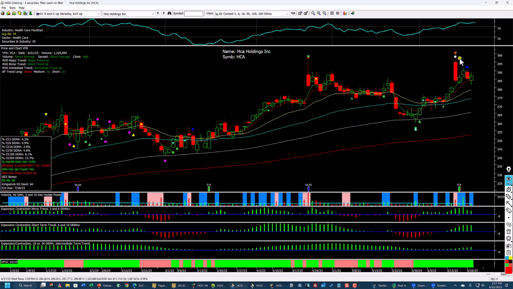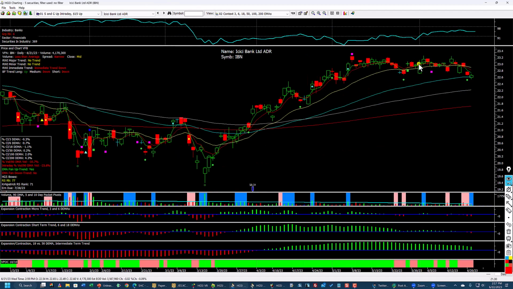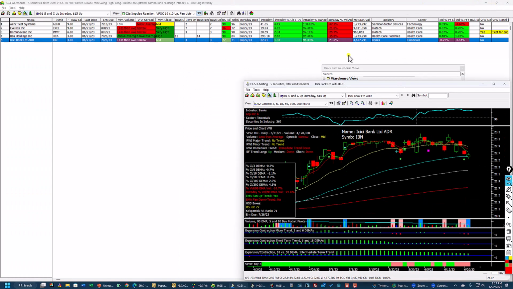Here's your impulse move, and then your reaction move, and you're looking to get in on the reaction and not the initial impulse. Now, here was a long impulse move. Here's lots of reactions. It's kind of setting up. Not a real great example. Okay, but that is just one of my scans.